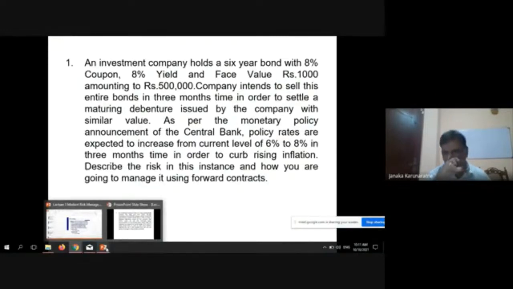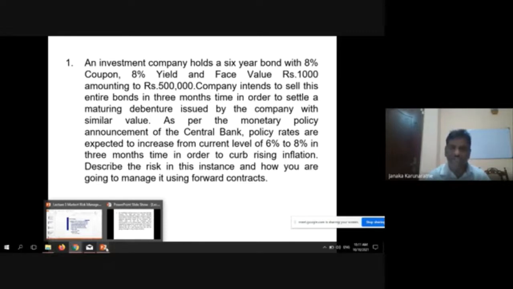Okay, simply you have to short a forward contract, where you end up getting this 500,000. So you short a forward contract with a similar yield that can match the contract, the relevant date, 3 months time.